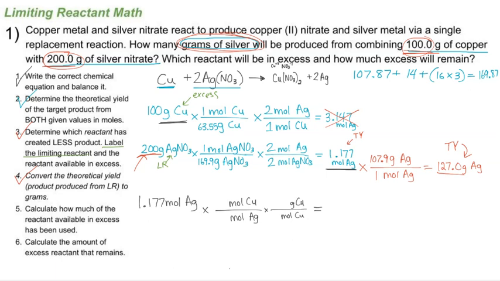So 2 moles of silver to 1 mole of copper, that's our mole-to-mole ratio. And then 1 mole of copper, we already said 1 mole of copper is equal to 63.55 grams of copper. So it's actually pretty easy to set up this dimensional analysis here. And so when we solve this problem, we end up with 37.4.